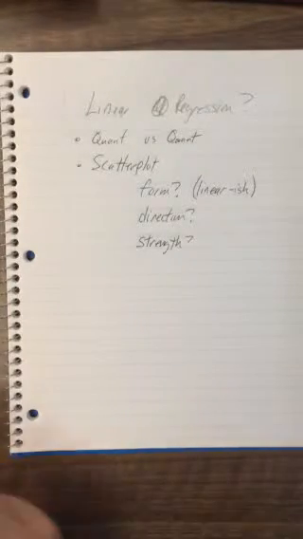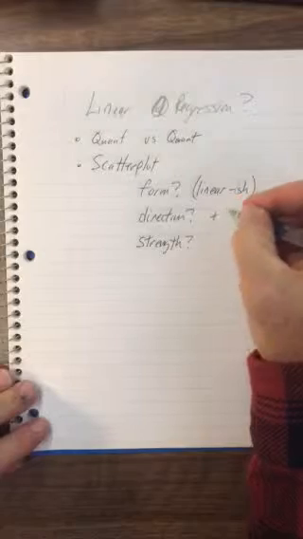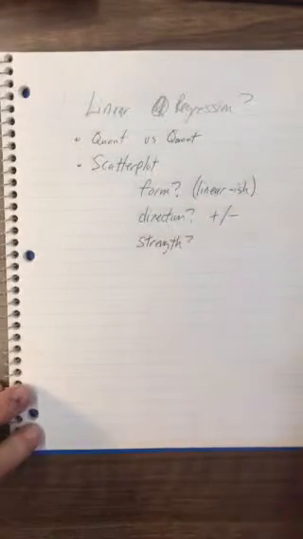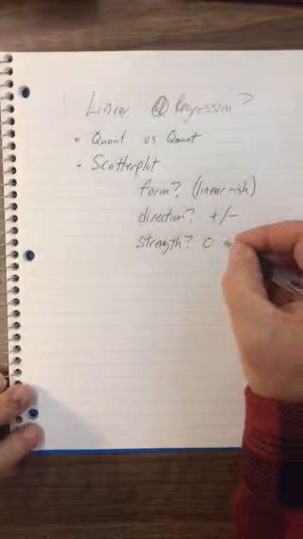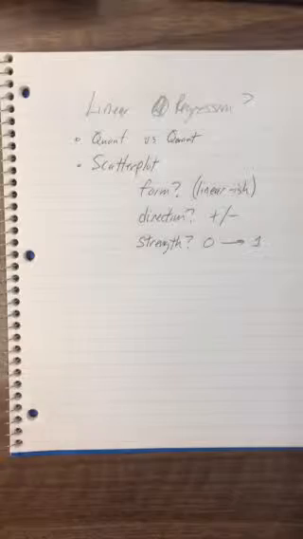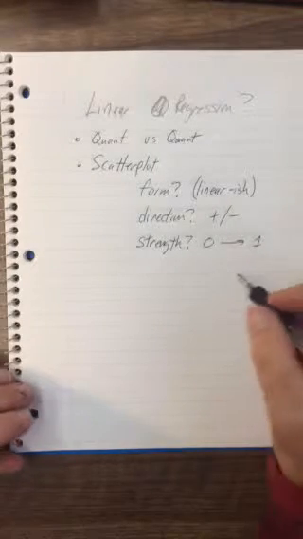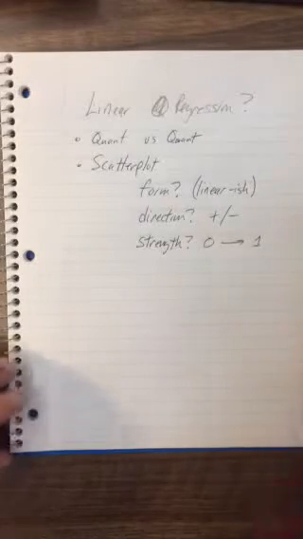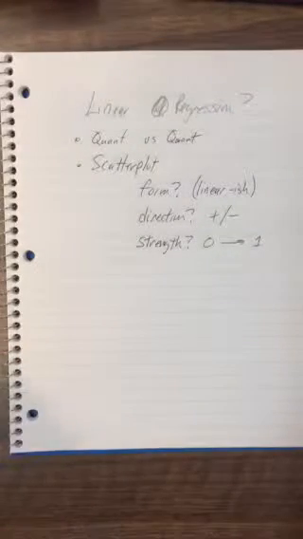Is it linear-ish? Direction, our choices are positive and negative. That's slope. Strength, what we're looking at is on a scale of 0 to 1, where 1 is perfectly straight and 0 is nothing going on at all, perfectly scattered. Can we say how strong of a relationship or association it is?